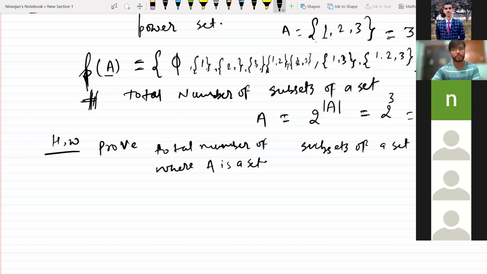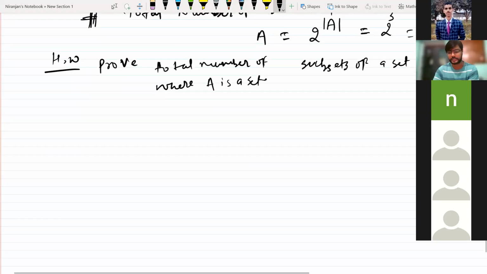Okay, this one is your homework. Just give me 1 second. Let's do some of the questions related to power set, and then this is also your homework, guys, because I have to take a lot of topics: true or false.